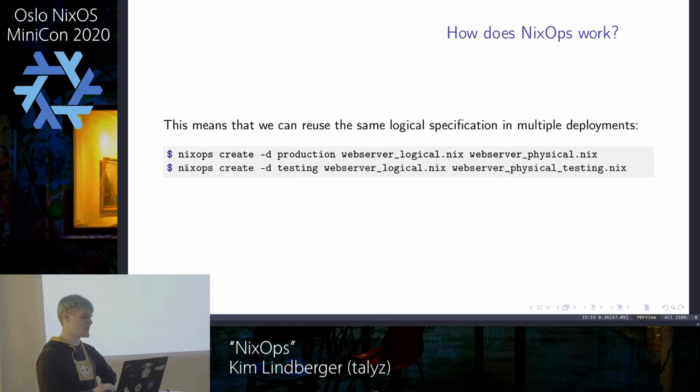And then we can have a separate deployment called testing, which has the previous ones that I showed you, where we have just a VirtualBox or something like that. And when we change the logical specification, we can just deploy to testing first, see that everything works, and then we can deploy the production when we've made sure that everything works as it should.